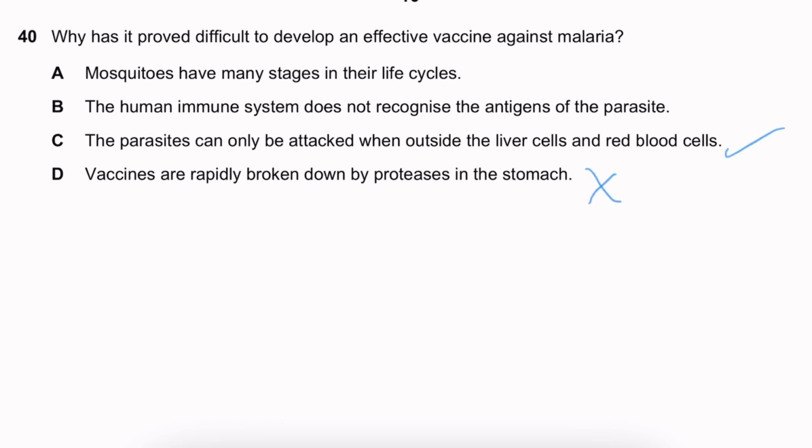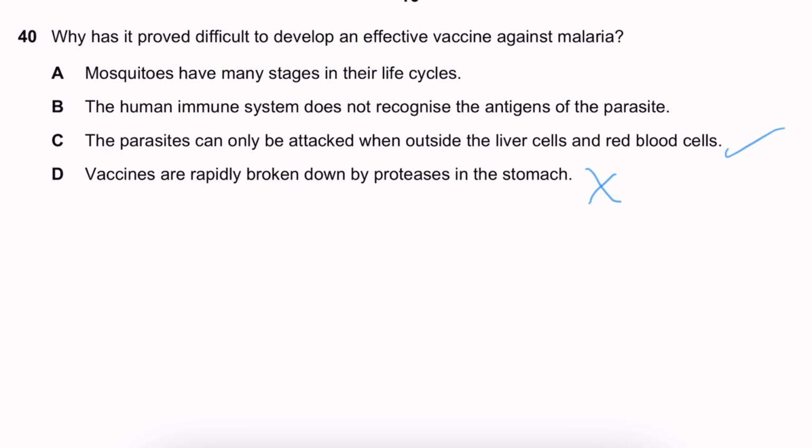The pathogen is mostly inside liver cells and red blood cells. When it's outside, it is difficult to attack because it has changed its antigens. It has different stages in the life cycle, and that's why it keeps changing its antigens, and the parasites can only be attacked when outside the liver cells and red blood cells. I think the answer here is C.